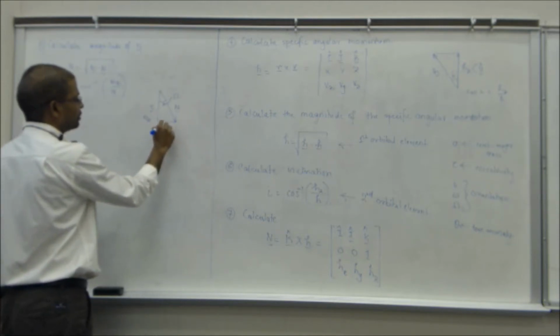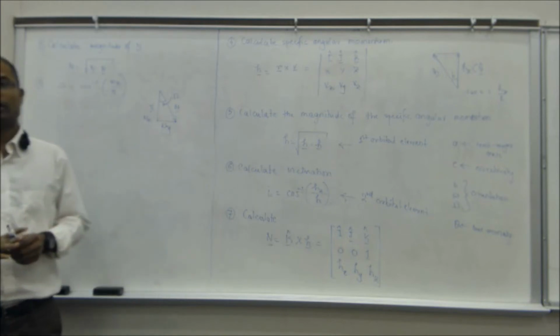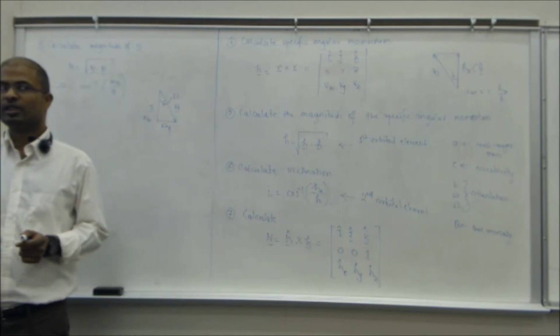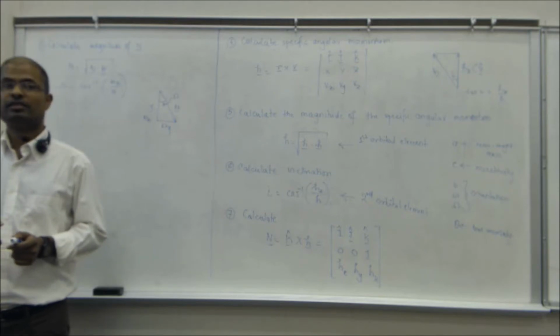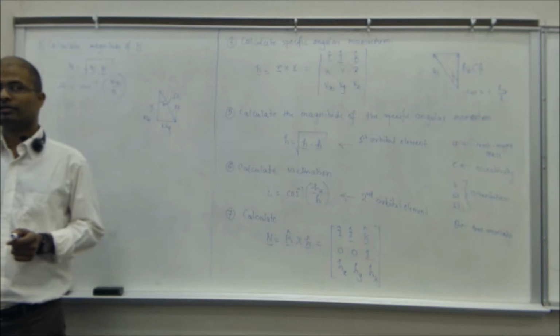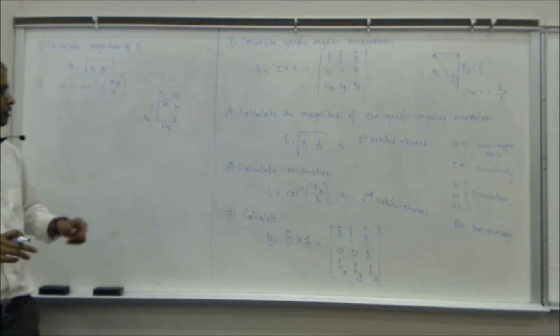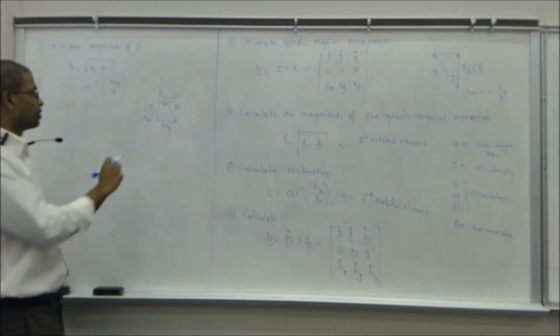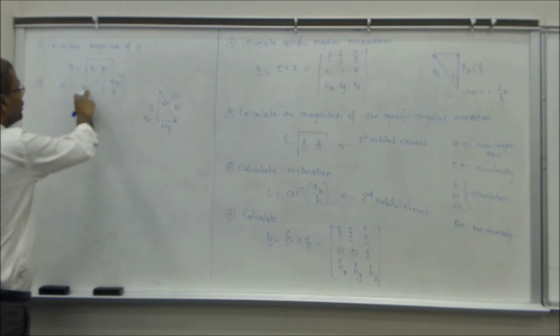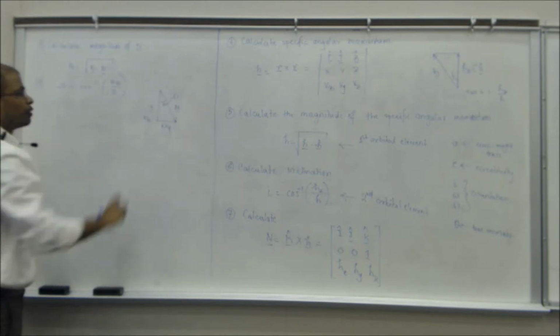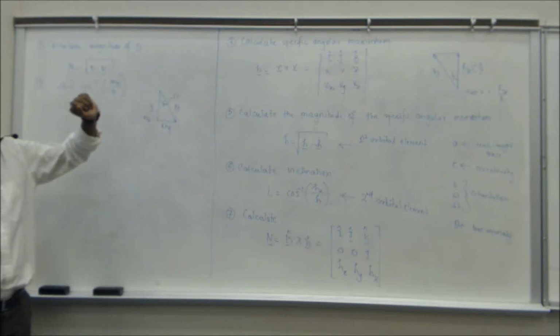So you have nx, ny. The nz component is what? Do you see a nz component here? Nz is 0 because n is in the xy plane, right? So there is no nz component. Okay. So cap omega is cosine inverse of nx over n.